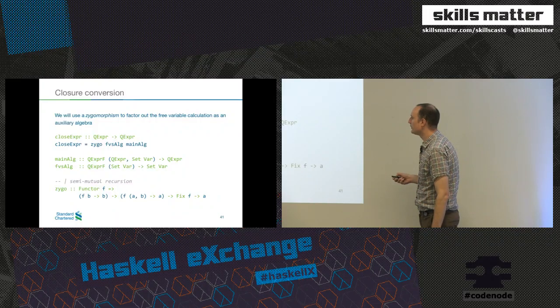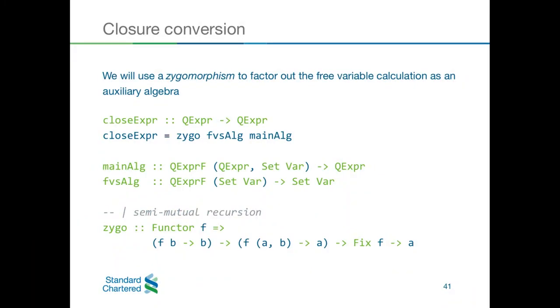So we have a main algebra here, which scrutinizes expressions and the free variables that the descendants have. And then we have another auxiliary algebra, which is the free variables algebra. At each level, the free variable algebra, if you like, is providing this input here. So we just write close as zygo this algebra and that algebra.